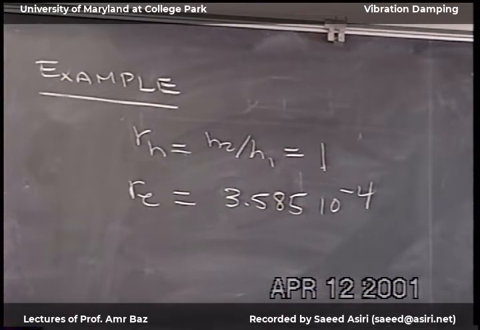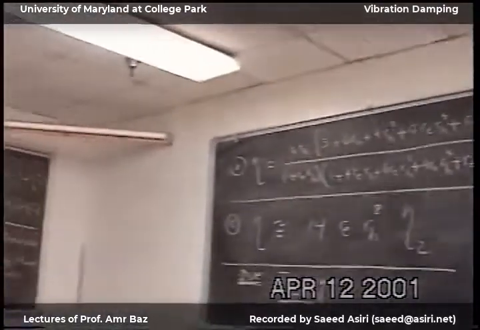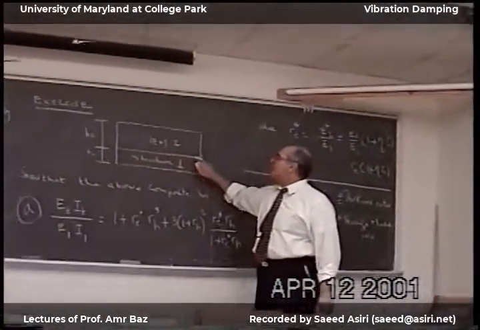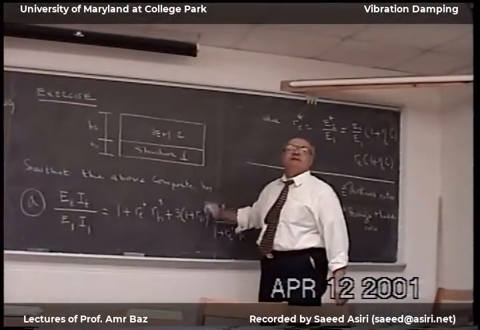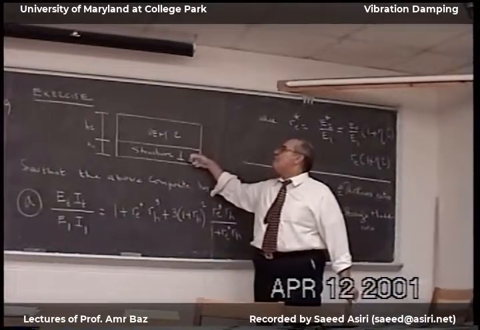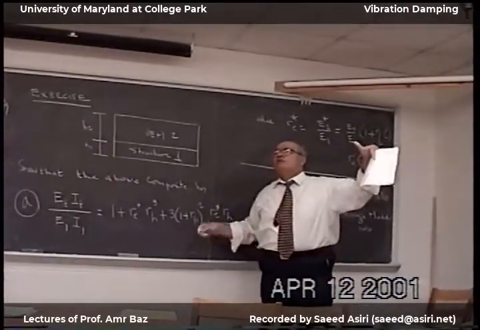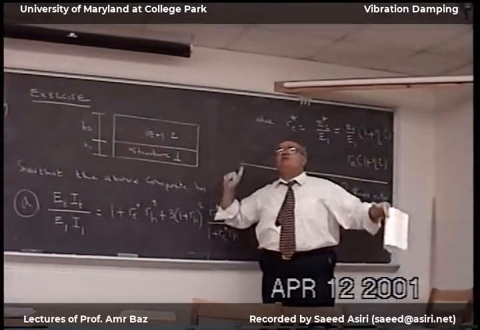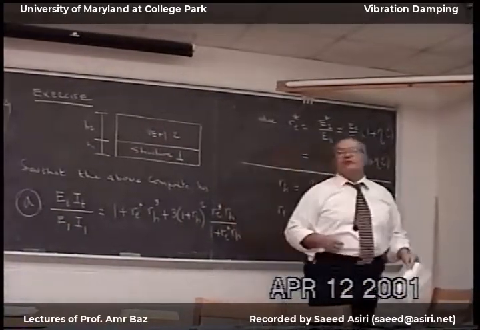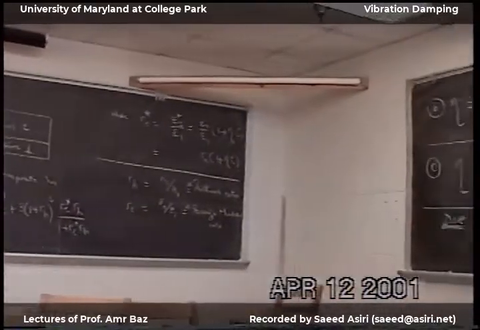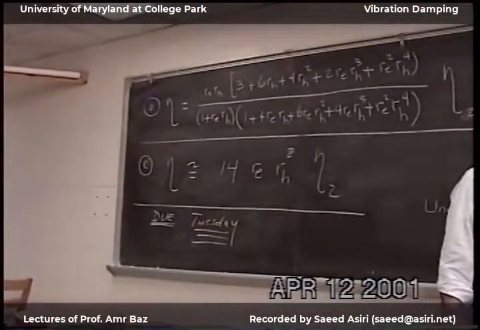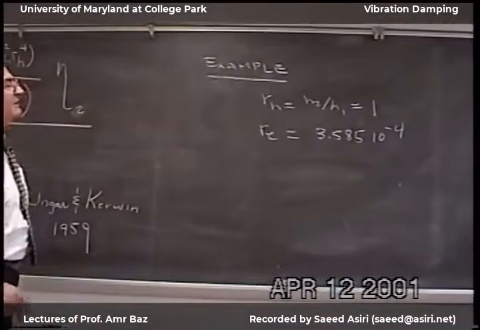So the viscoelastic material here is dyad, and then this is aluminum base structure. So E2 over E1 is this number, which if you remember from the E and the G was almost 10 to the minus 4, because the ratio of the E to the G was 3. So this is approximately this case.